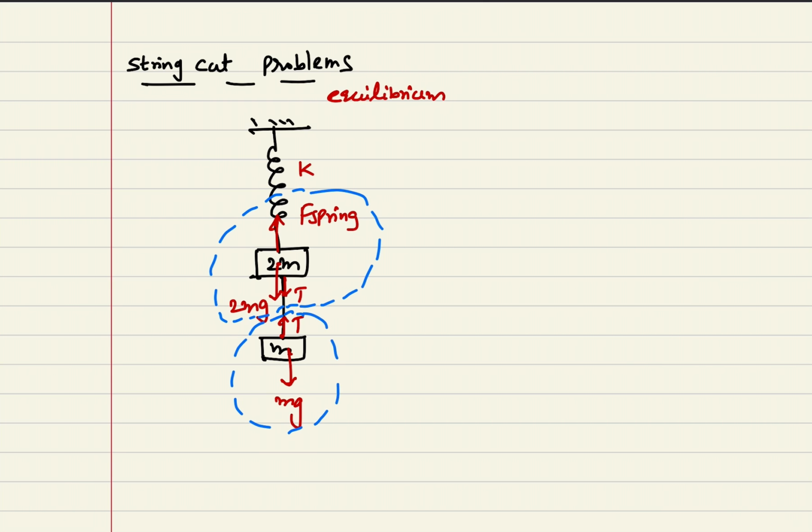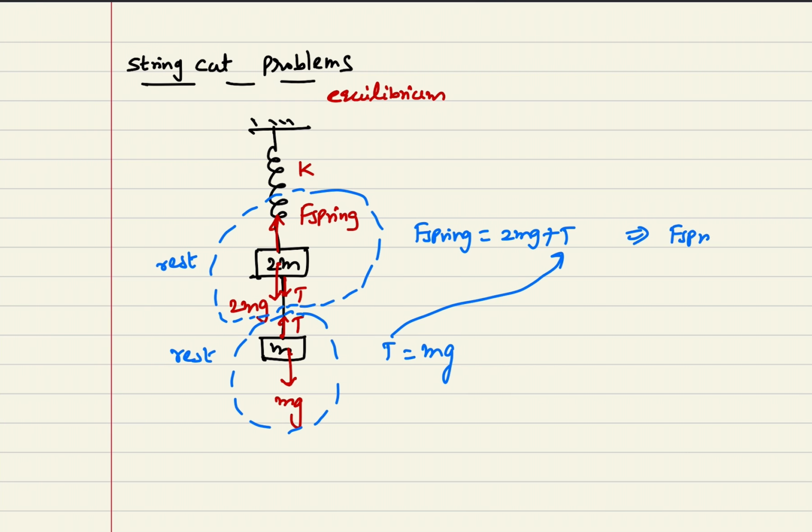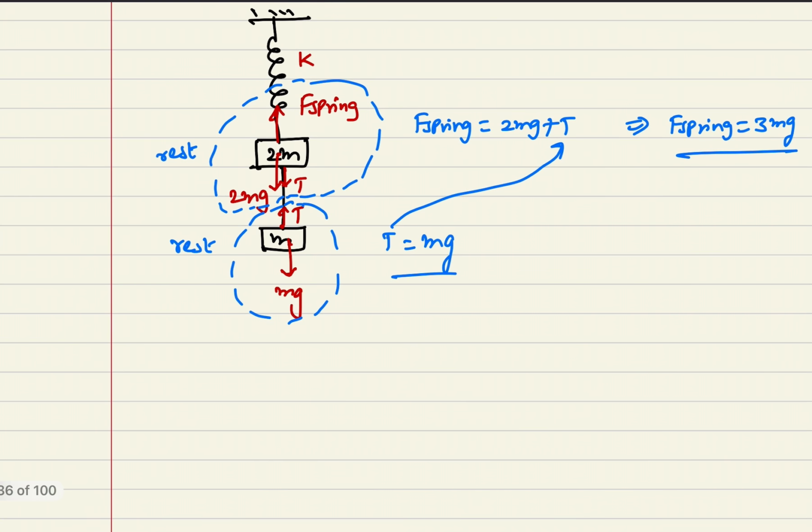As the system is in equilibrium or at rest, we can write T is equal to mg. Similarly, F spring can be written as 2mg plus T. So if you substitute this T value, I will get the F spring value equal to 2mg plus mg, which is 3mg. These are my values.